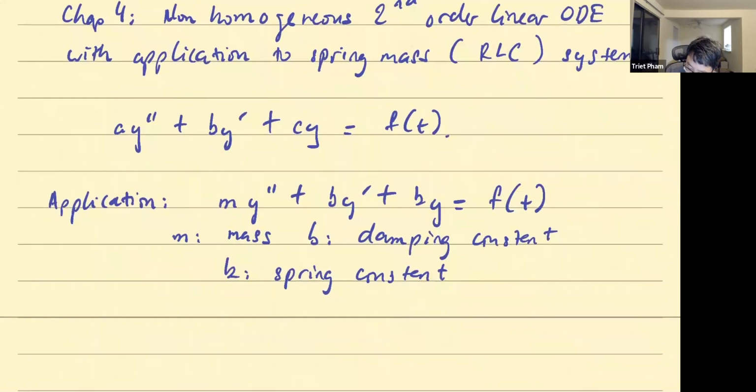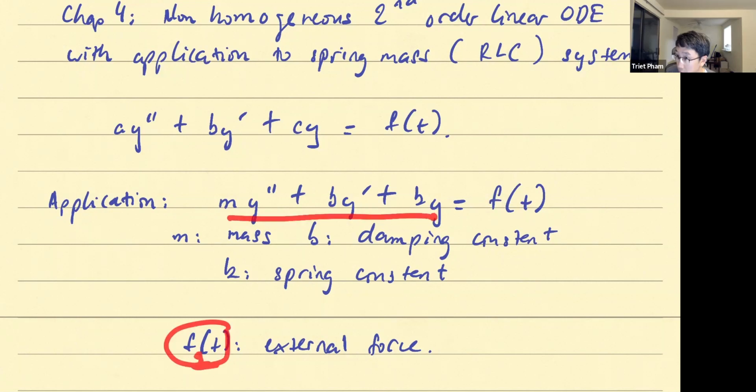So f of t here is viewed as the external force, an external force that actually depends on time. The interesting case is when this is a cosine or sine function whose frequency coincides with the natural frequency of the system, which will cause the phenomenon called resonance, which we'll discuss in 4.3.